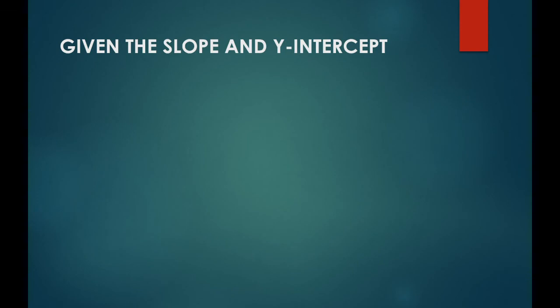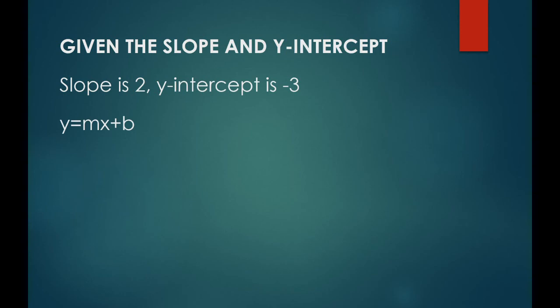If we have been given the slope and y-intercept, like this, slope is 2, y-intercept is negative 3, we will be using the format y equals mx plus b. Siyempre, slope at y-intercept ang given. So we will just use the slope-intercept form.